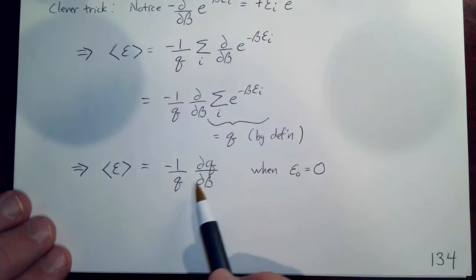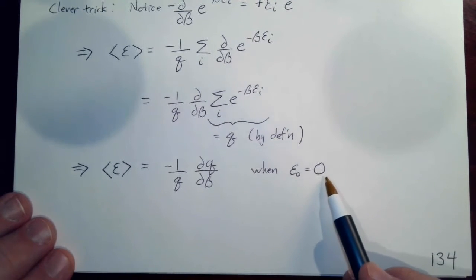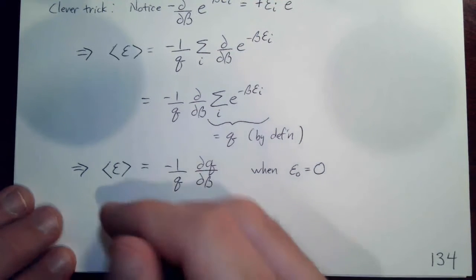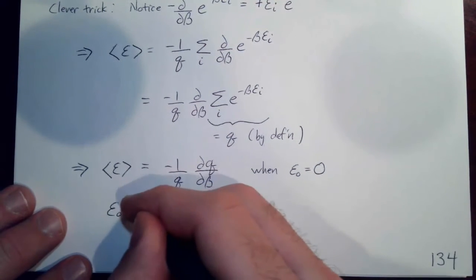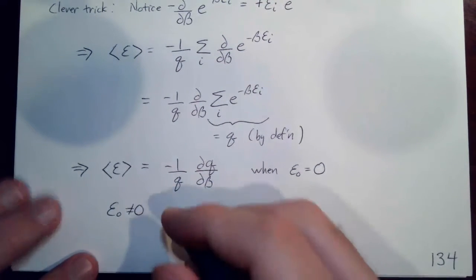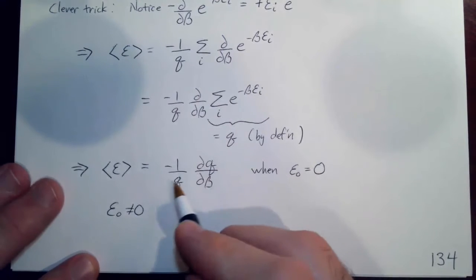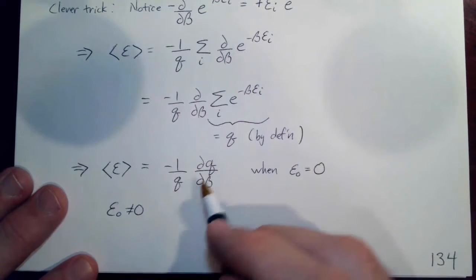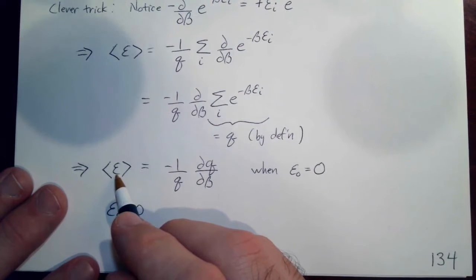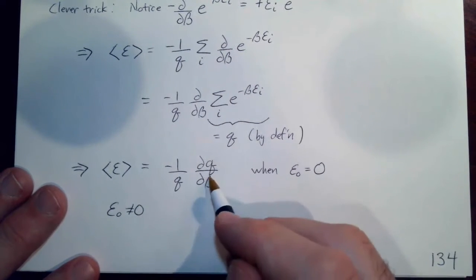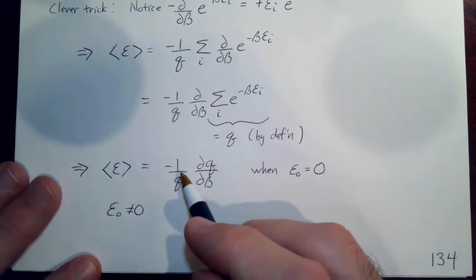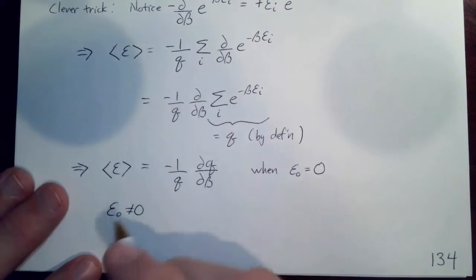So this works when the ground state energy is 0. But what if it's not? What if the ground state energy is not 0? I think it's straightforward to see that I'm going to shift my average because I'm going to be adding a constant to every term in my sum when I'm finding the average.